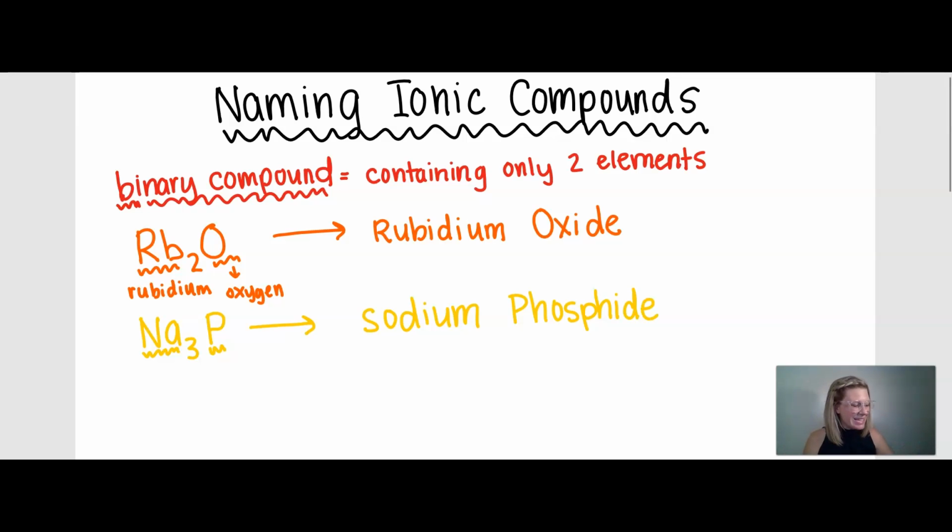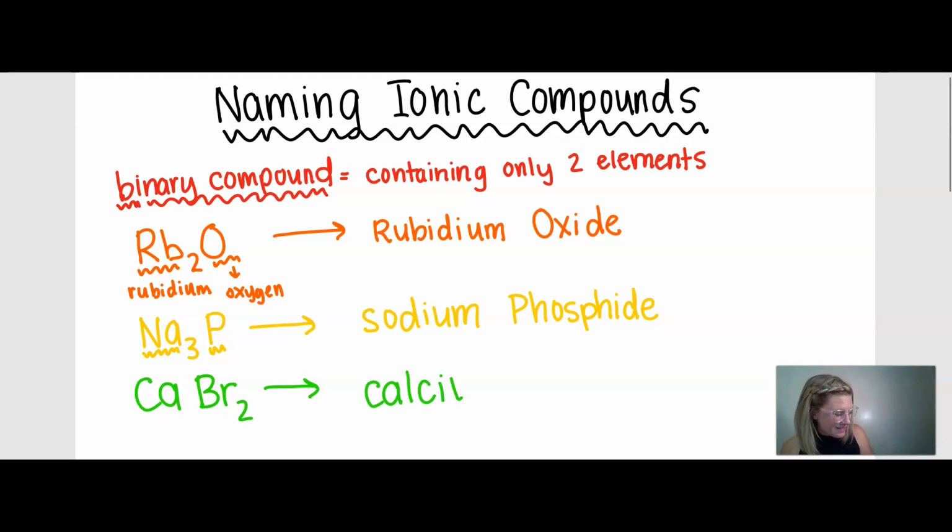Okay, let's name another one. So I'm just looking at my side sheet of options of things that I want to name here. Let's do this one, CaBr2. Okay, so again, name our metal, we have calcium. And for Br, this becomes bromide.